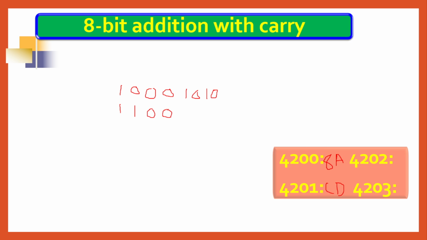Then D is 1101, which is 13. Now add these two. 0 plus 1 is 1, 1 plus 0 is 1, 1 plus 0 is 1, 1 plus 1 is 10, so 0 here and 1 carried. Then 1 and 0 is 1, 0 and 1 is 1, 1 plus 1 is 10, 0 here, then 1 here.